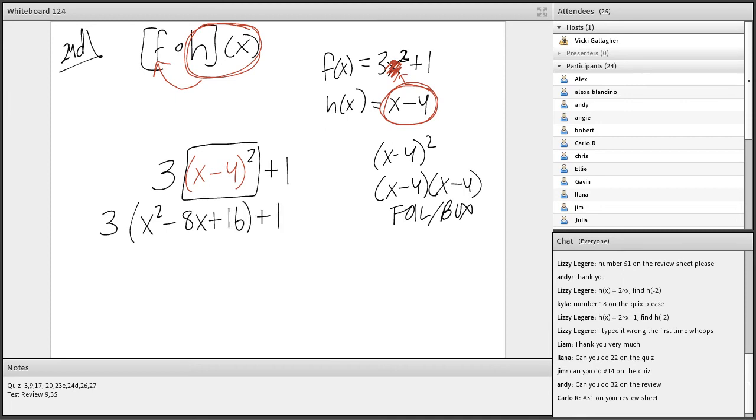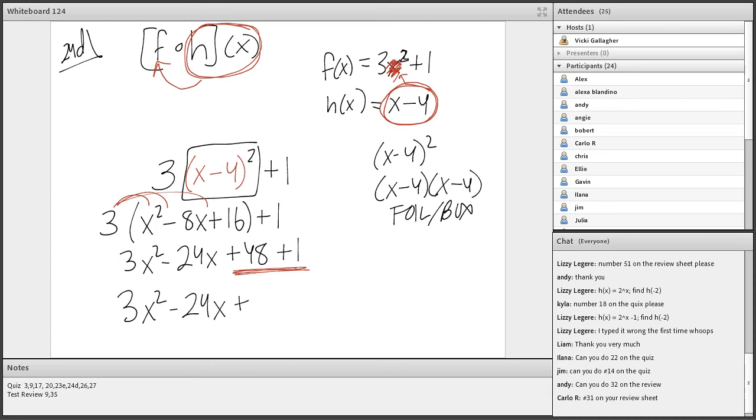Okay? And then the next thing you're going to do is you're going to distribute the 3 into that trinomial that you got. And then the final thing you're going to do, we have this 48 plus 1, which are like terms, and so we're going to add those together. And then this would be my final answer for that problem.